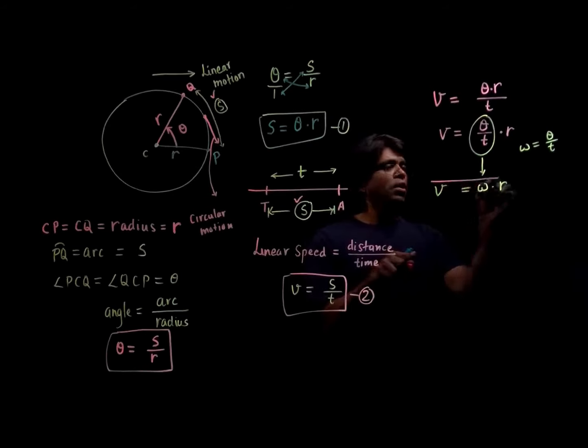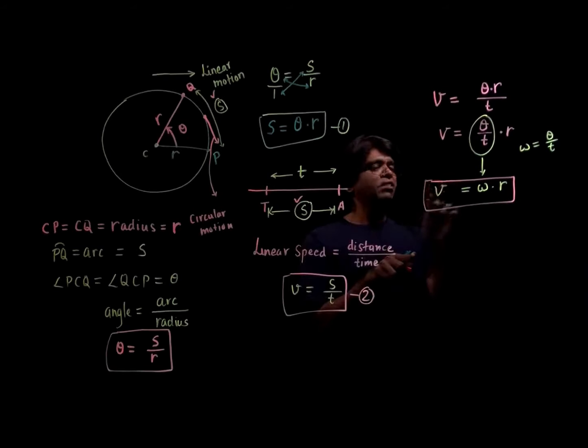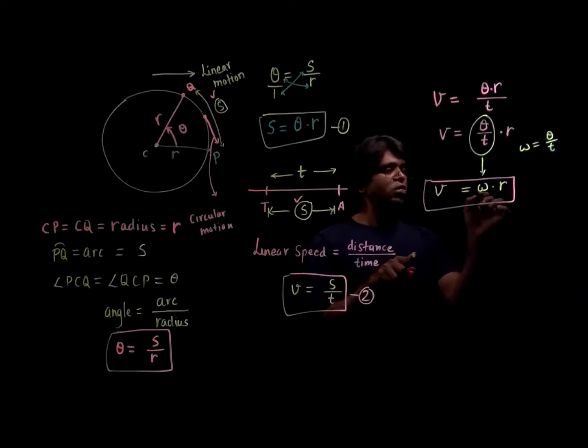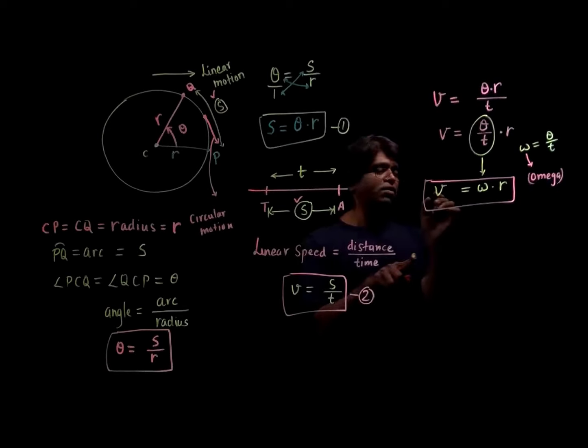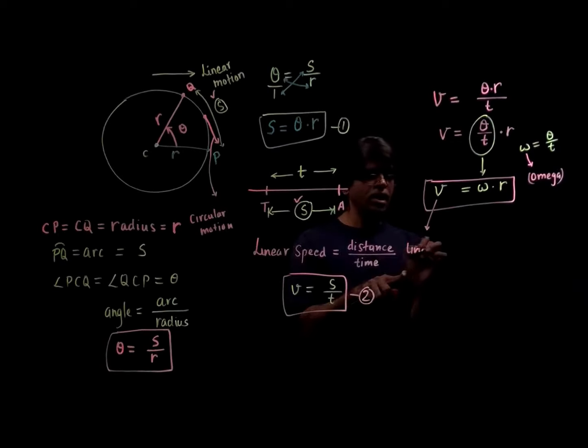So we can say that velocity v is equal to omega. This is my omega, O-M-E-G-A. We call it omega. So velocity v, this is my linear velocity, linear speed I should say.